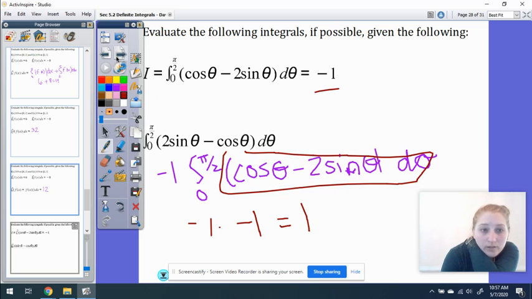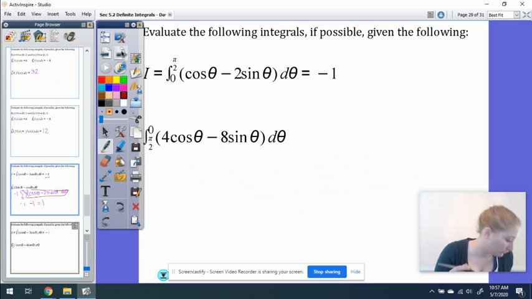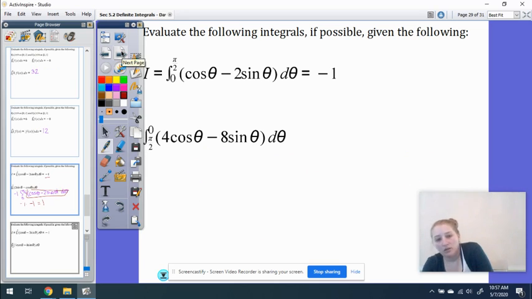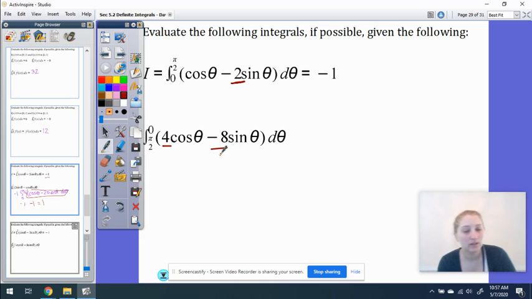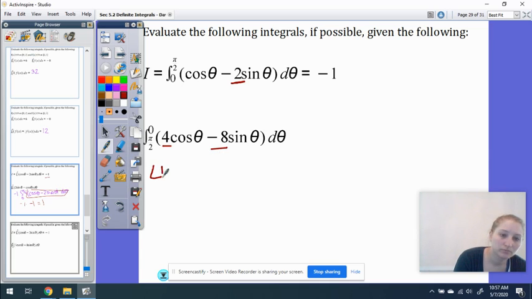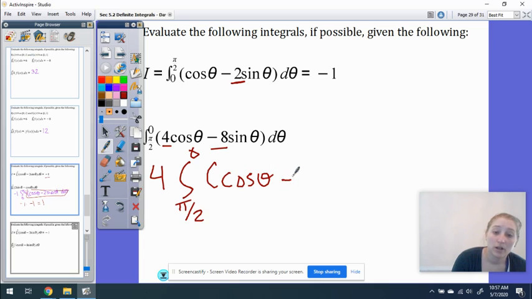All right, let's do one more like this. Okay, so let's see. What are we noticing? Okay, so first I know that I've got a 4 here and I've got a negative 8 here. And I know I need to get this to be 2 in front of my sine. So that means I'm going to have to factor out a 4. So then I'll be left with cosine theta minus 2 sine theta d theta.